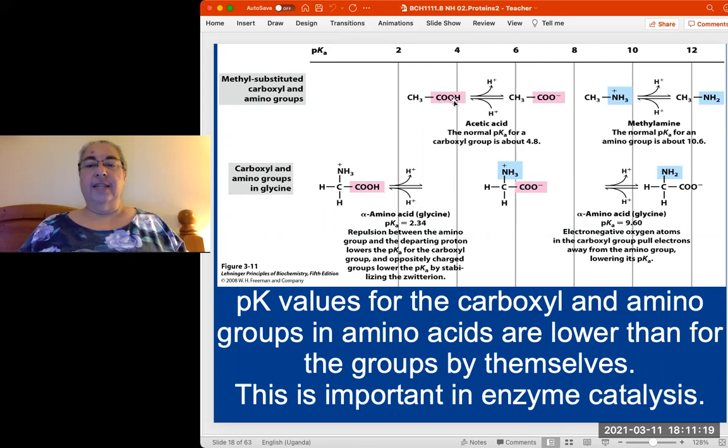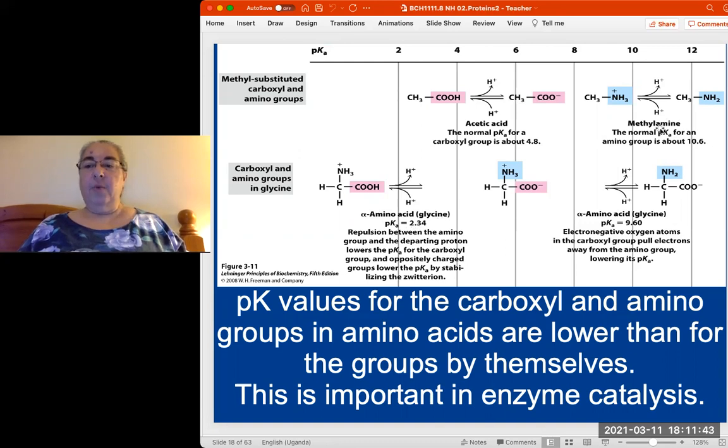So this is acetic acid, which has a COOH group in a very similar way attached to a methyl group. Here the proton is lost at about pH 4.5, whereas when it's part of an amino acid, its pK is 2.34.